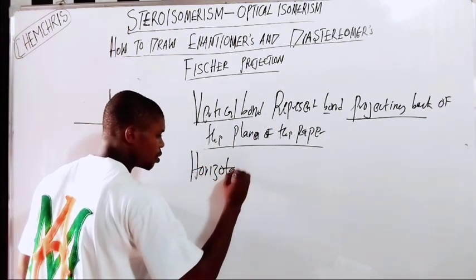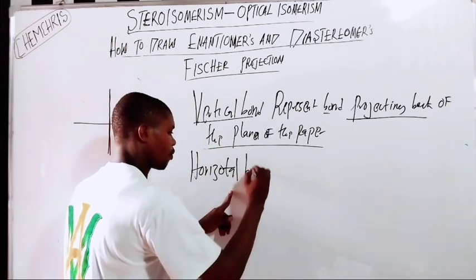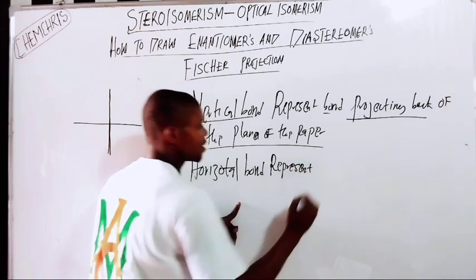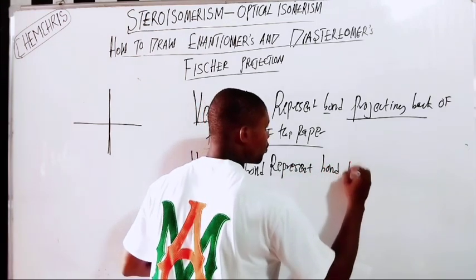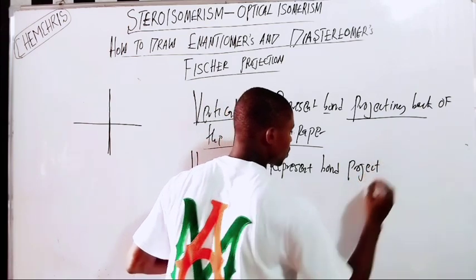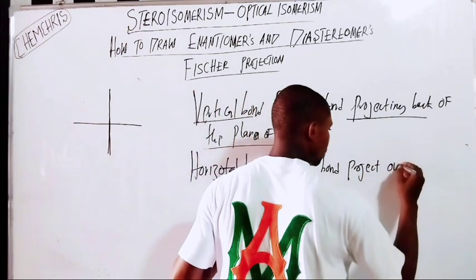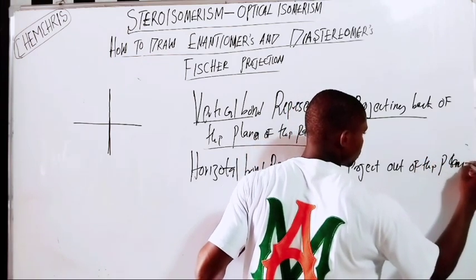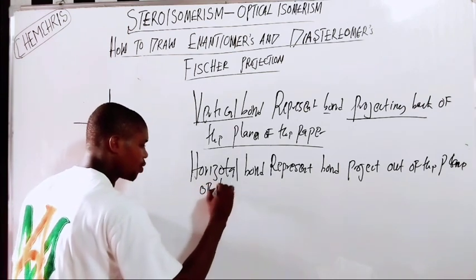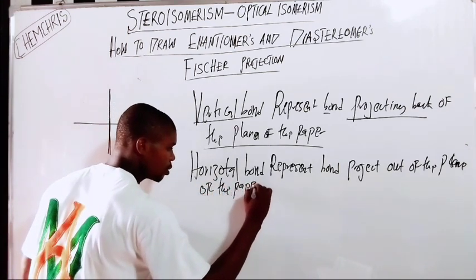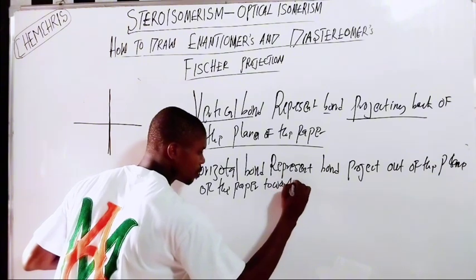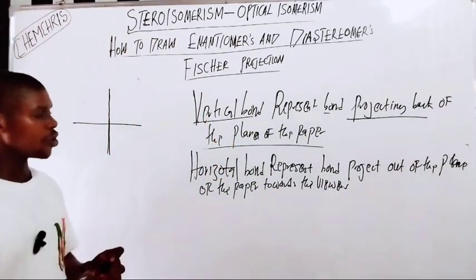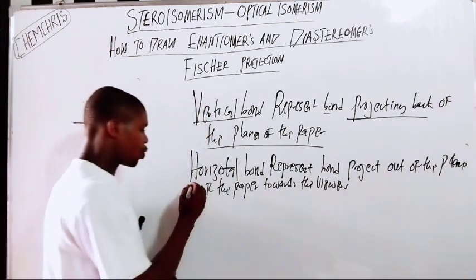Why does a horizontal bond represent bonds projecting out of the plane of the paper towards the viewer? So here we have the vertical bond and here we have the horizontal bond.